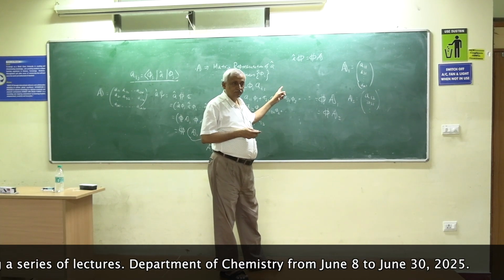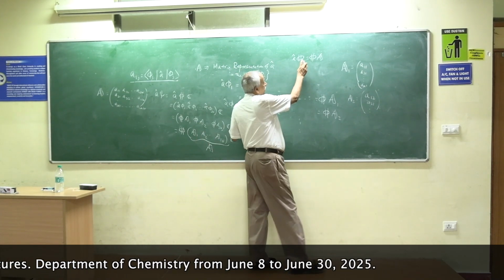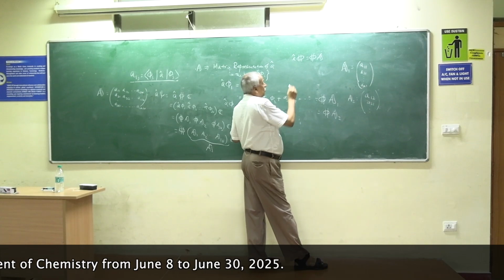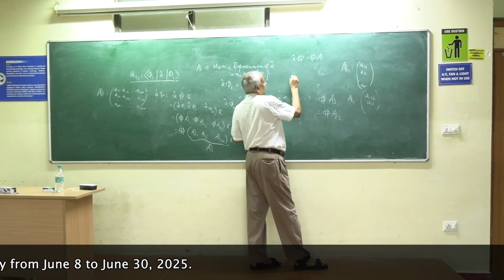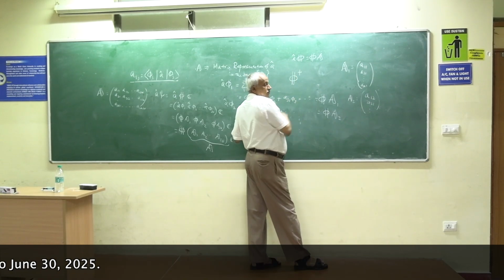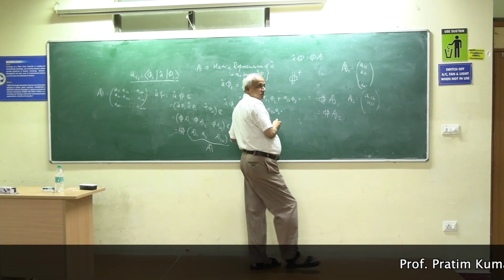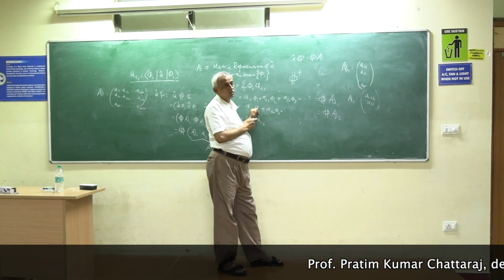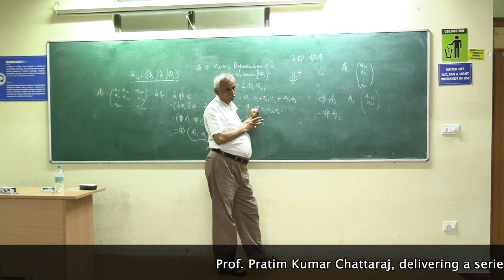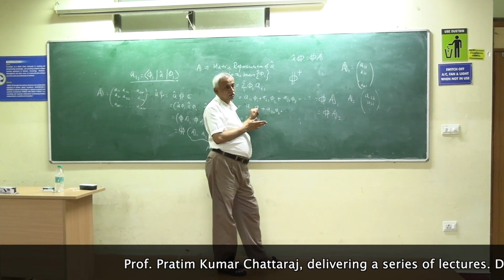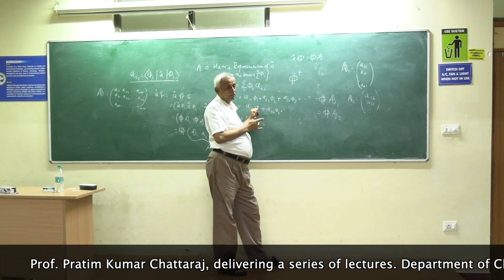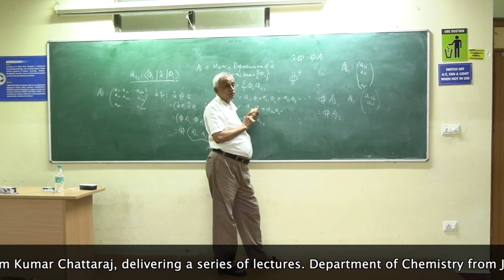Now suppose for this phi, I talk about this matrix, phi dagger. Phi dagger means your adjoint or Hermitian conjugate matrix. What does it mean?